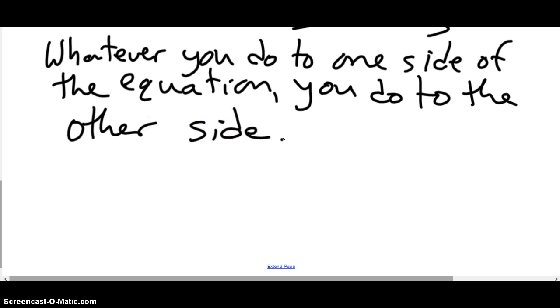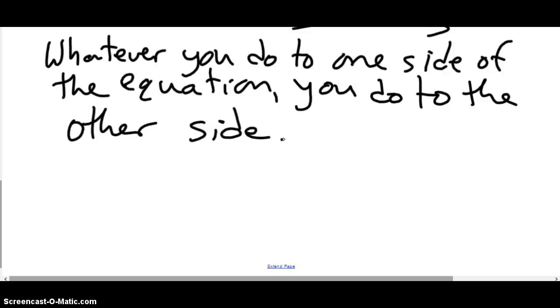You folks better remember this, because you're going to hear it an awful lot. Whatever you do to one side of the equation, you do to the other side. This is called balancing. You're going to have to get used to it, trust me. You're going to hear this all through high school and whenever we talk about it here.